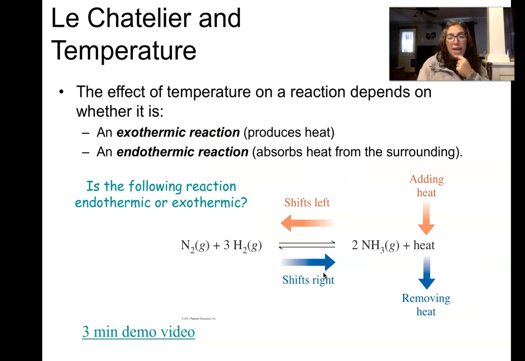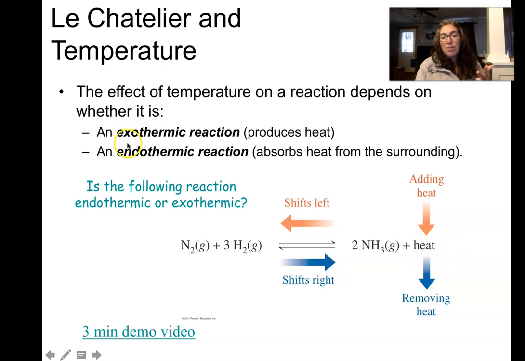A third way to shift an equilibrium is to change the temperature. And this makes a lot of sense if we think about one of the ways that we talked about exothermic and endothermic reactions, which is that we visualized heat as either a product or a reactant. For exothermic reactions, those are ones that produce heat, and we think of heat as being a product.